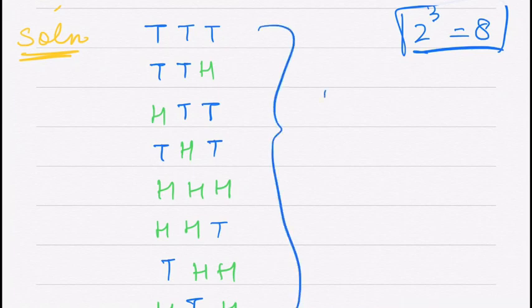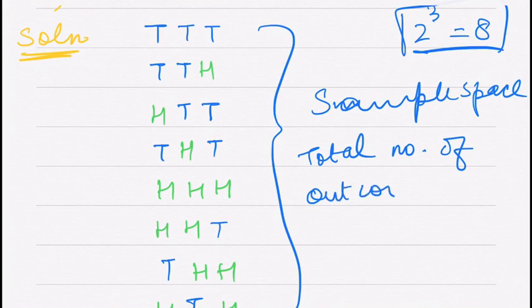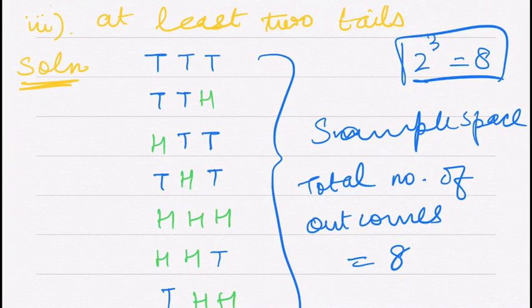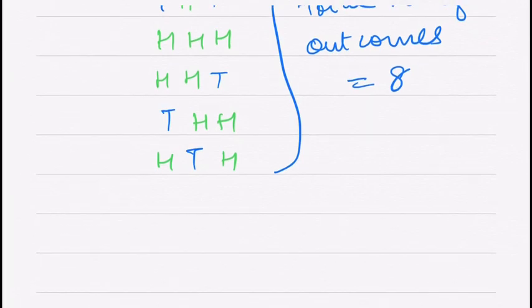So now this is my sample space, and the total number of outcomes is 8. We have to write down the sample space because we have to do different questions based on this.